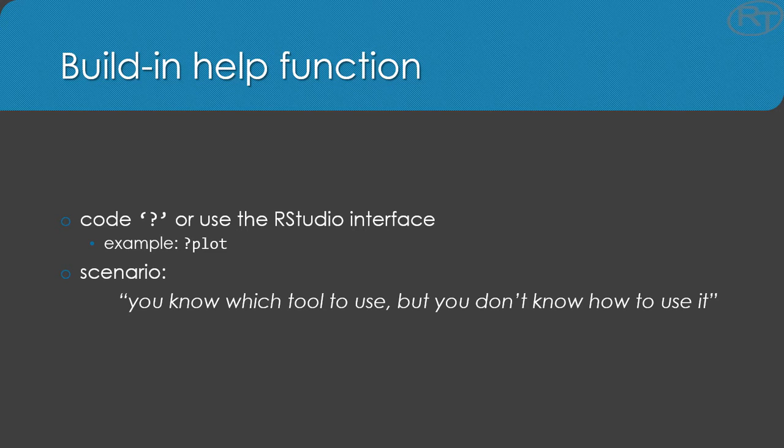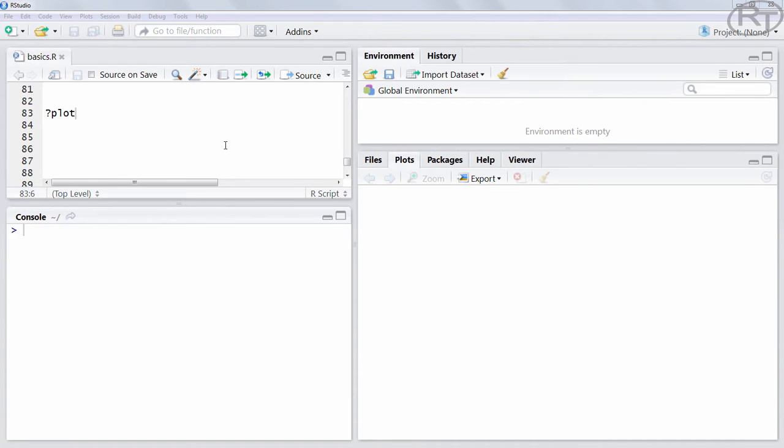We will now take a look at an example so that I can show you how that works out in practice. We will now use the plot function, which I have identified as helpful for many given scenarios. I do not know how to use it and how to modify it.